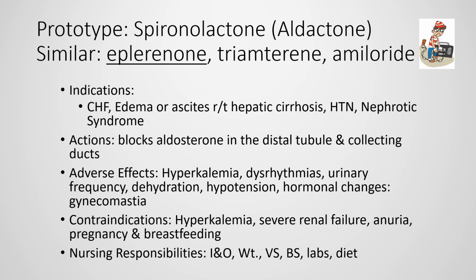Well, if they block aldosterone in the distal tubules and the collecting ducts, well, you don't reabsorb sodium, but you don't secrete potassium. Okay, so by not reabsorbing sodium in the collecting ducts and the distal tubules, you create a diuretic effect. So it's still a diuretic. Not as powerful as a loop diuretic because of where it's working.